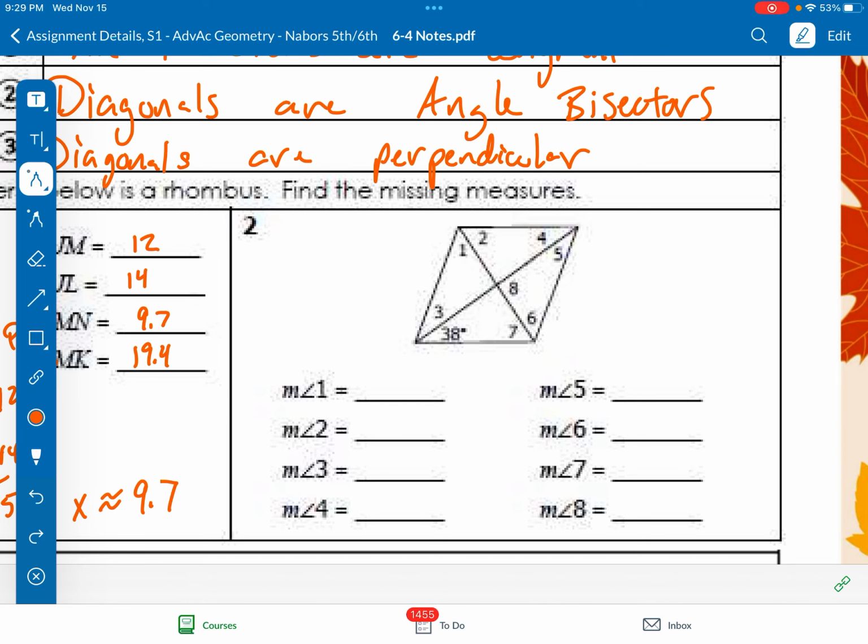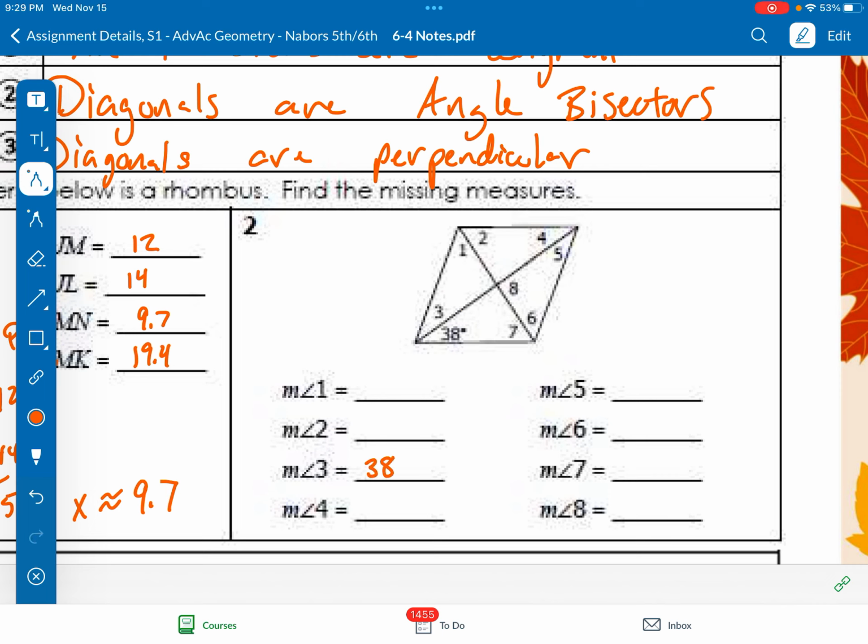So we're not going to start at 1. Right now I just don't have enough information to start at 1. Instead, let's start with 3. 3 is 38 because, in a rhombus, the diagonal is an angle bisector.